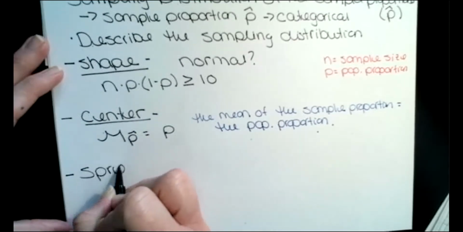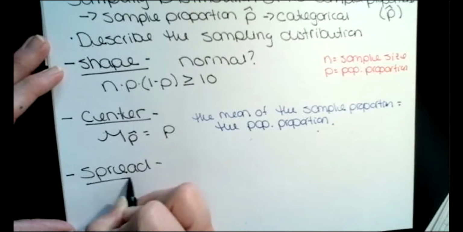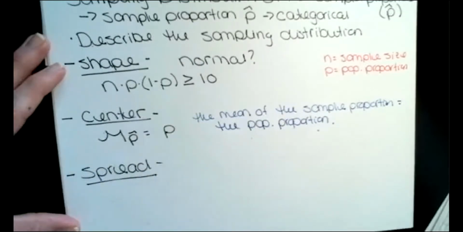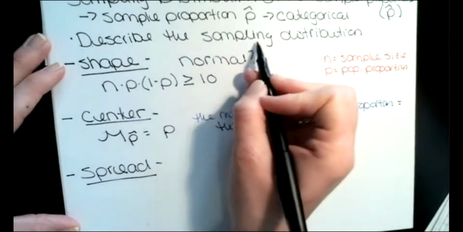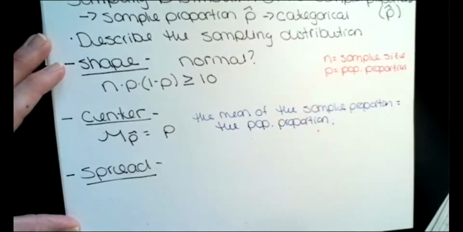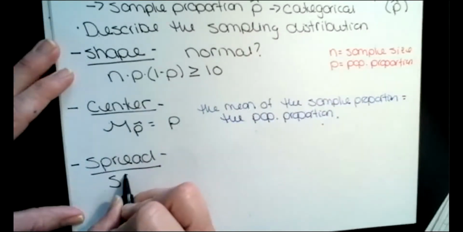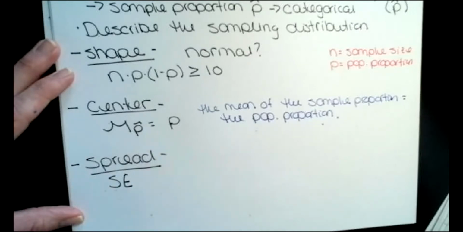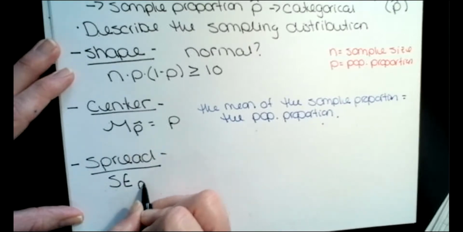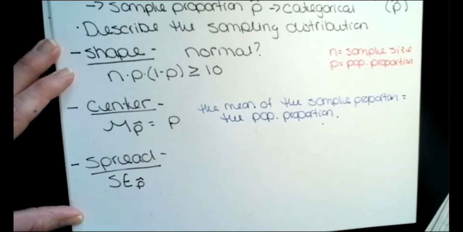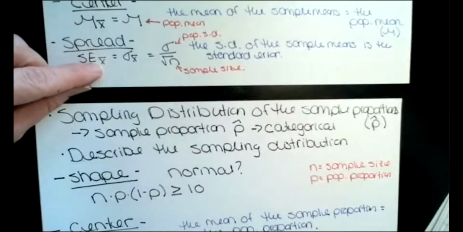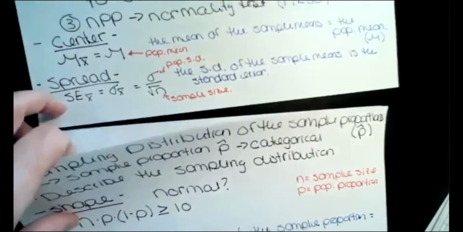All right, let's take a look at the spread of this curve. When I'm talking about the spread, I'm talking about the spread of the sampling distribution for my p hat. It's the standard error, because I'm not looking at just a single data value. I'm looking at a whole bunch of samples. So it's my standard error of my p hats. I want to distinguish the difference between the p hats and the x bars over here.